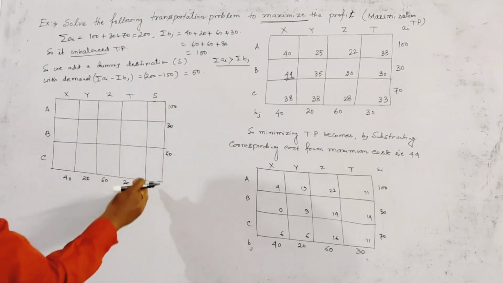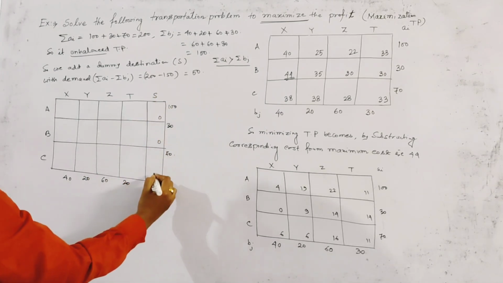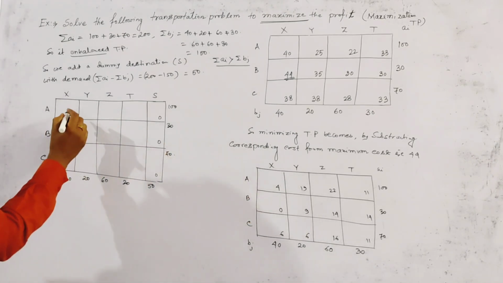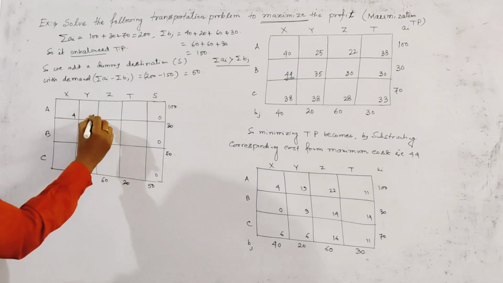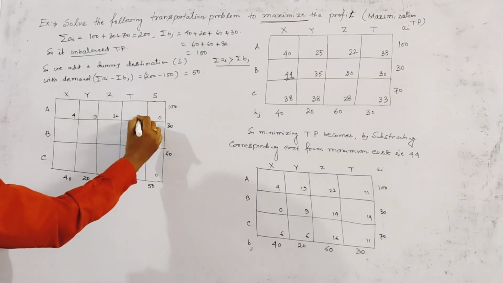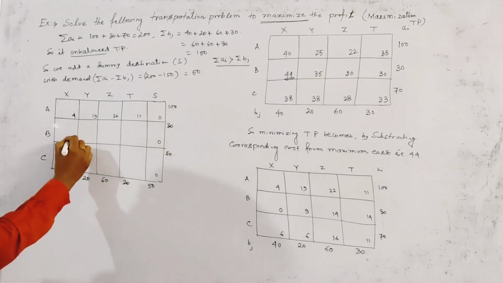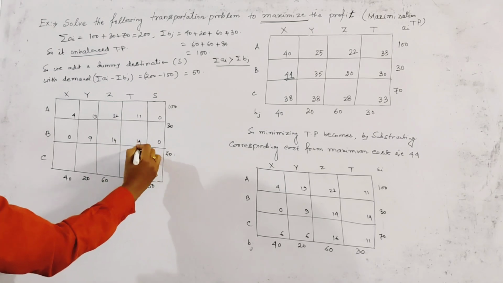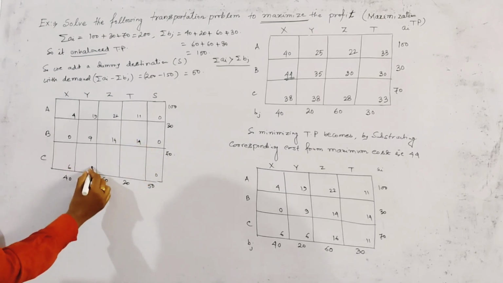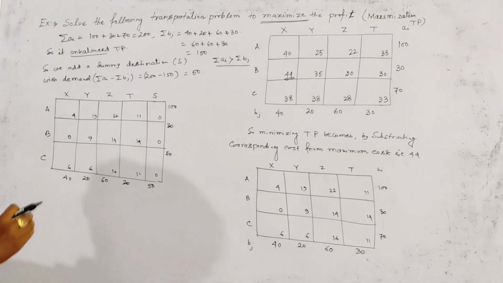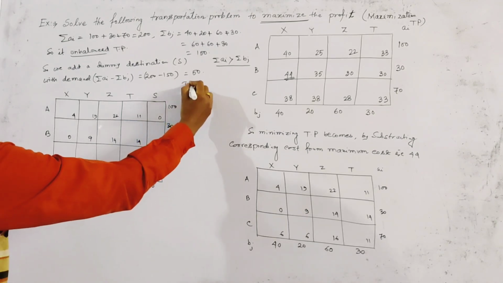The cost of this column is 0, and the costs of the other columns are as shown in the previous table. So these are 4, 19, 22, 11, and 0, then 9, 14, 14, 6, 0, and 16, 11.